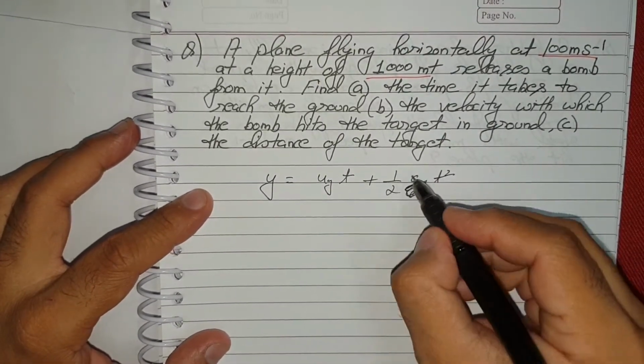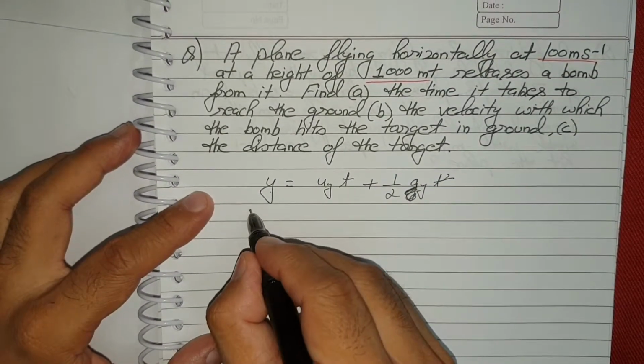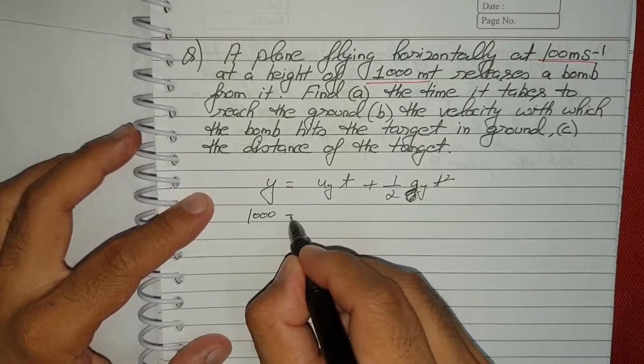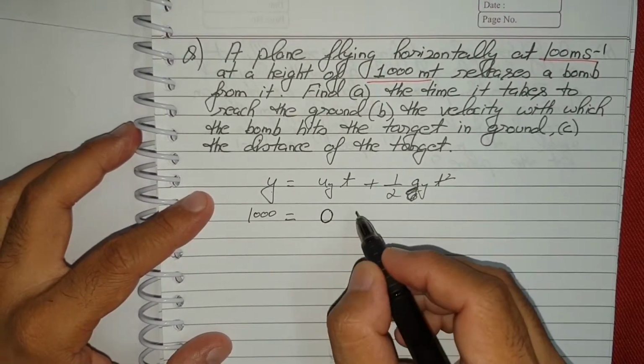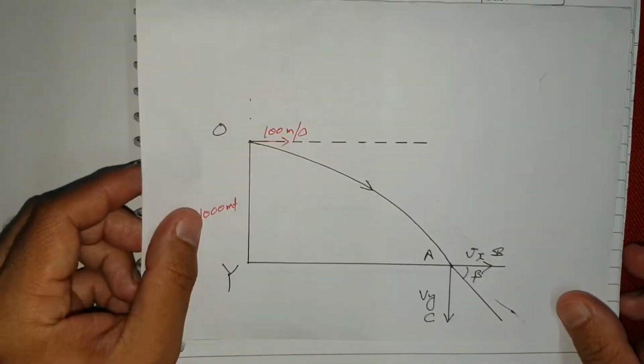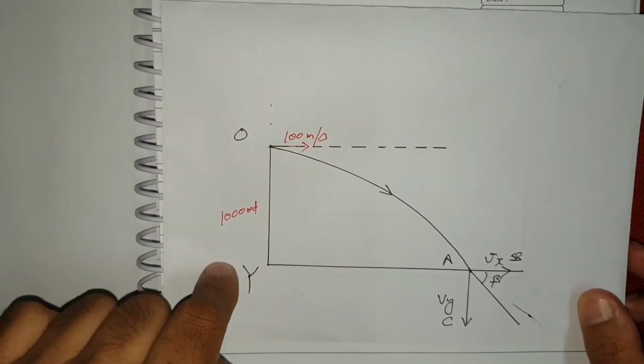Ay is basically g, okay. Here y is 1000 meter, and uy is actually 0. There is no vertical velocity provided, as I told you the aeroplane was moving with horizontal velocity.